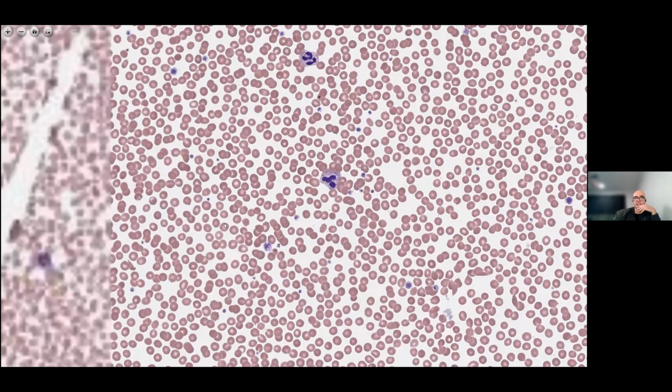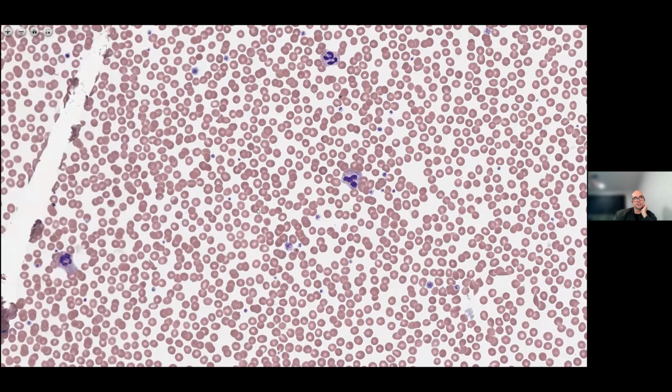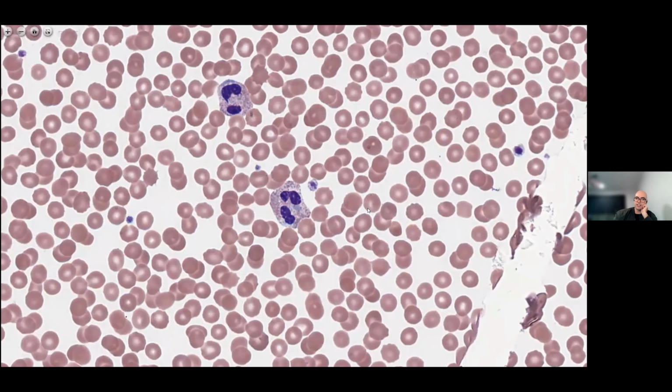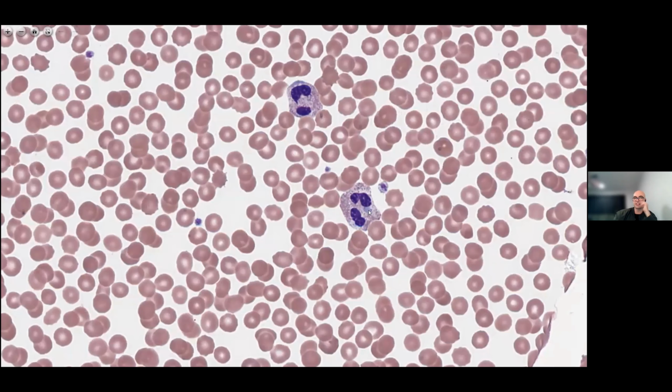But these neutrophils, it looks like there's a slight increased granulation. Maybe not enough for me to say it's hypergranulated. They've got normal lobulation, but there's this area here, which is a light blue colored, basophilic staining area of the neutrophil. And these, when you see them, they're called Döhle bodies.